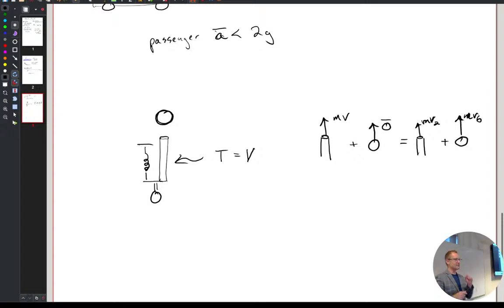We have v2 of the striker after it hit the ball and v of the ball. That one's kind of cool to figure out.